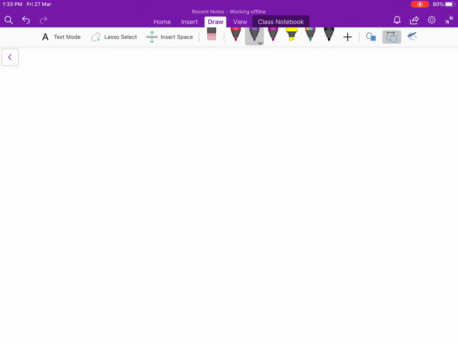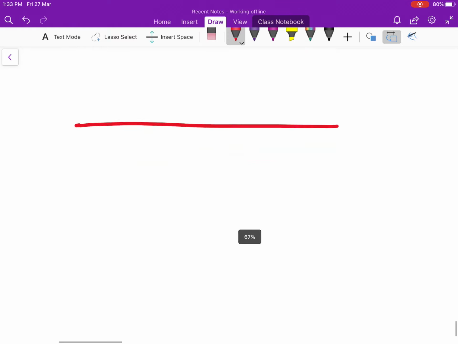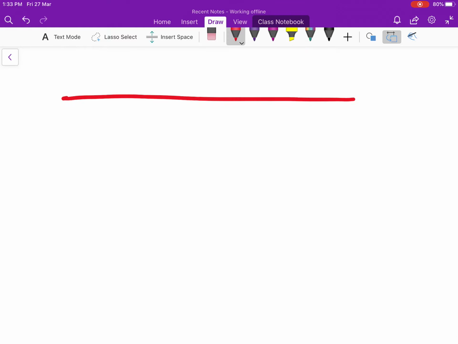Fine. Next question is like this. There is a structure like this. This is a point A, and there is one internal hinge present here.